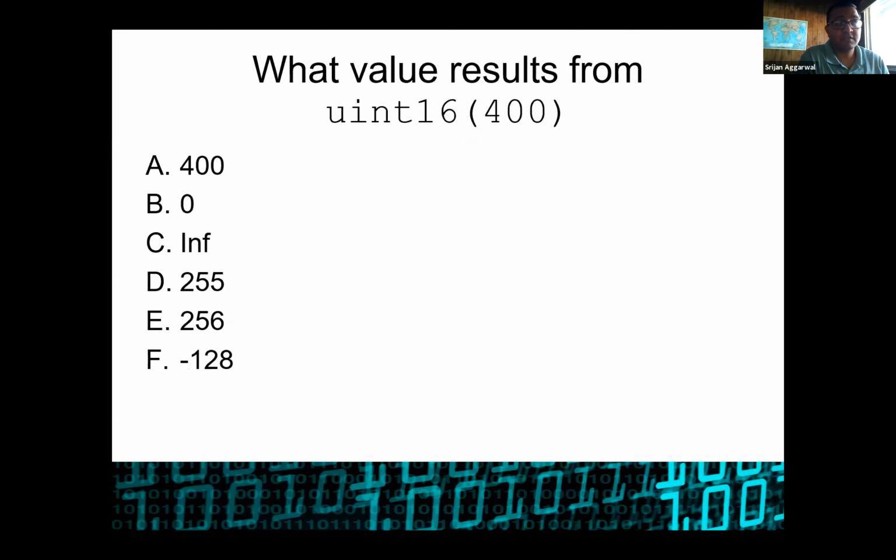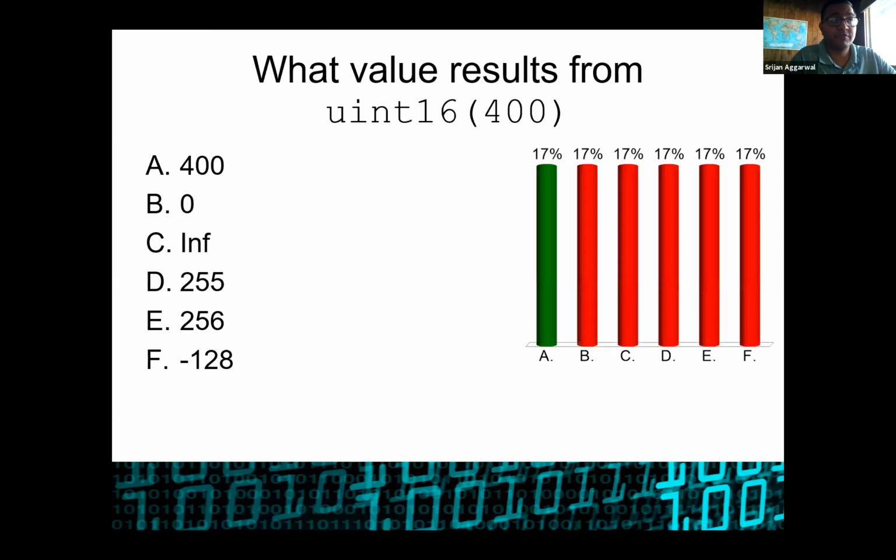Okay, next question. What value results from uint16 of 400? So in this case, you're right. Because unsigned integer with 16 bits can take larger values, it will be 400.